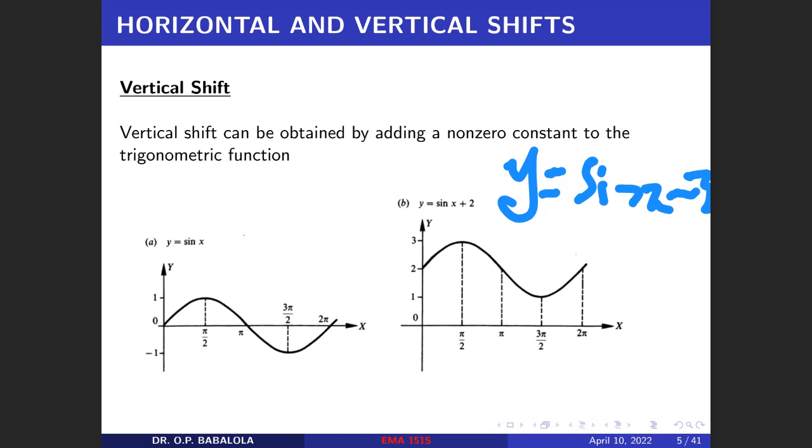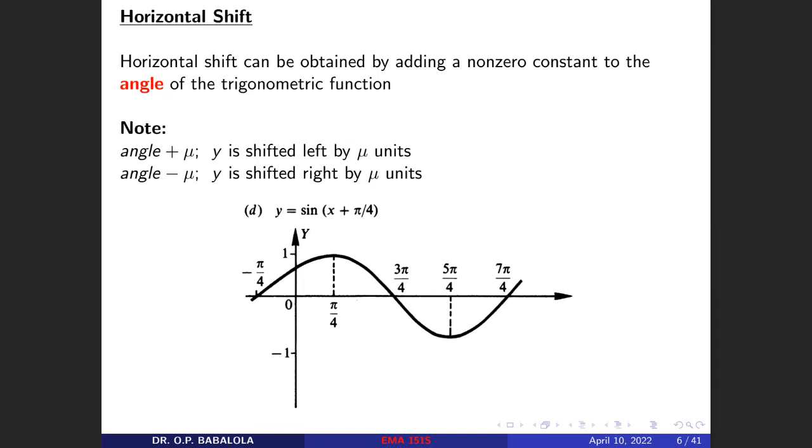That 2 has not been added to the angle. It has been added to the function sine x itself, and that is for vertical shift. But for horizontal shift, you'll be adding the constant to the angle itself, as you can see, x plus pi over 4.